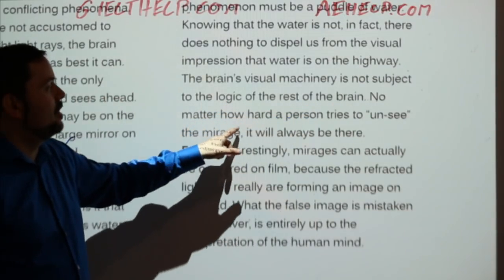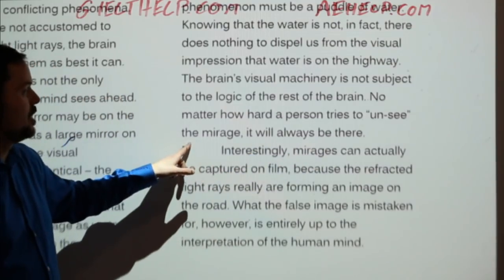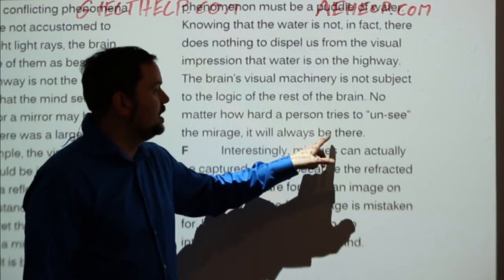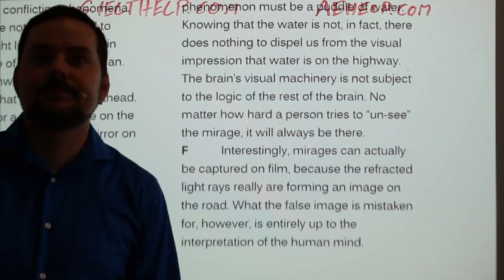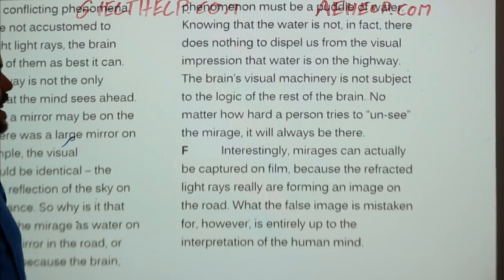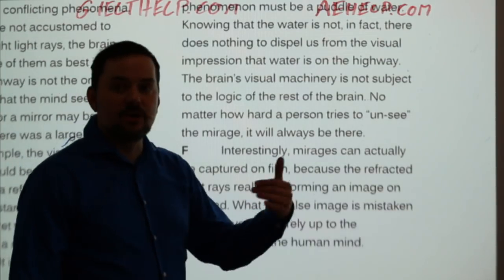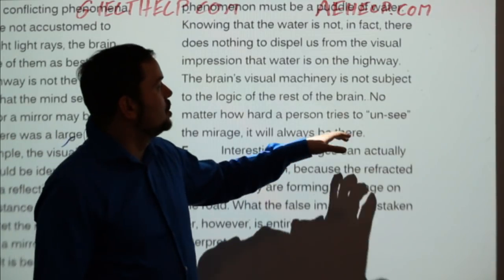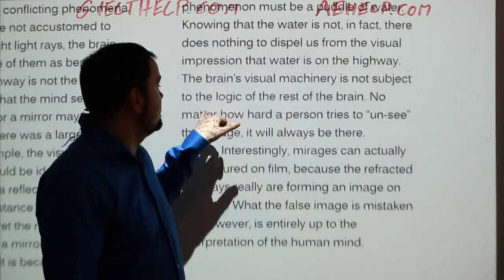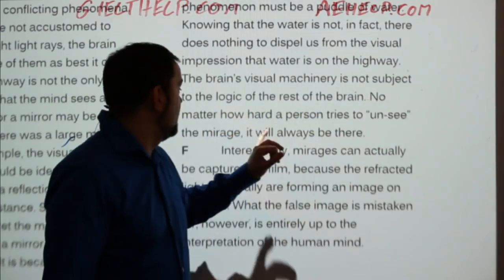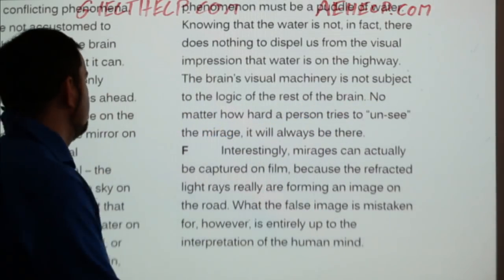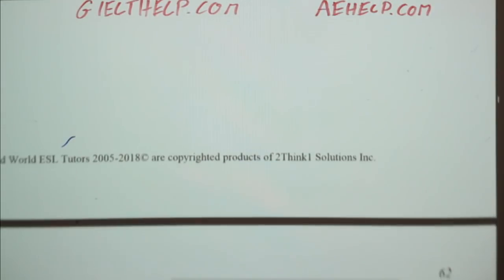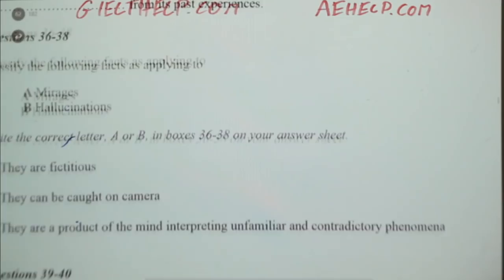No matter how hard a person tries to unsee the mirage, it will always be there. Okay? "Unsee" means cannot reverse seeing it. So if we saw it once, it will always stay that way. I now am confident that I can choose the correct answer.